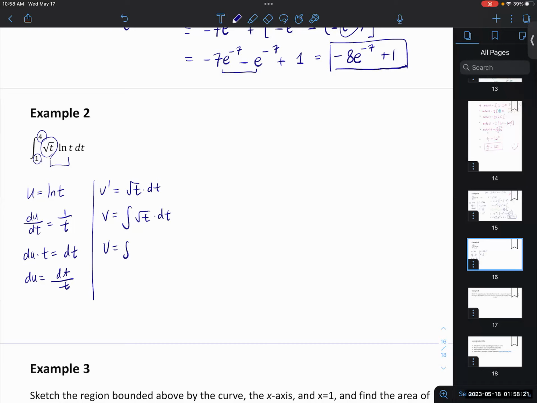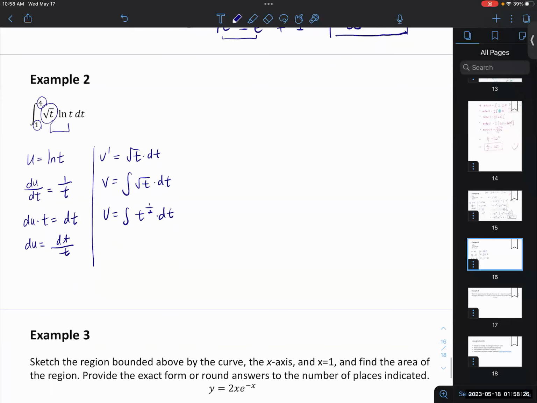And then this is t to the 1 over 2. So you're going to take the integral, t to the 1 over 2 plus 1, divided by 3 over 2. That's v. In other words, you can flip this one, 2 over 3 t to the 3 over 2 is v.